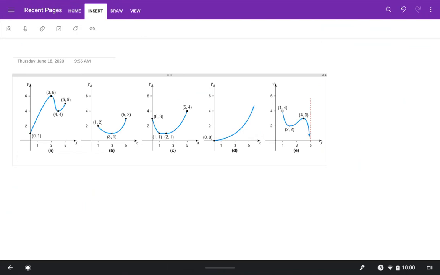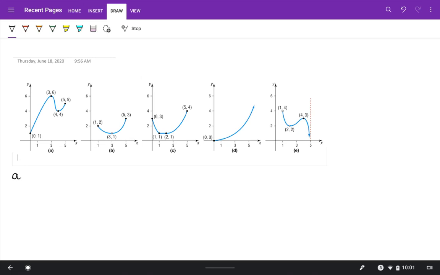First, answer A. Let's talk about graph A. The absolute maximum is the point right here. This is the highest point on the graph, so it is (3, 6).